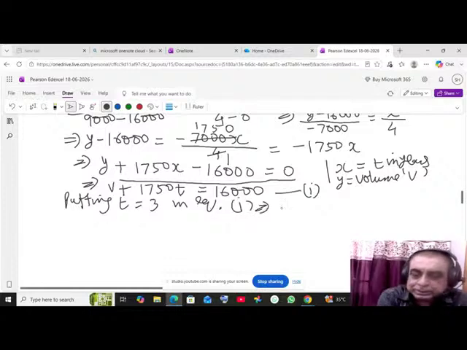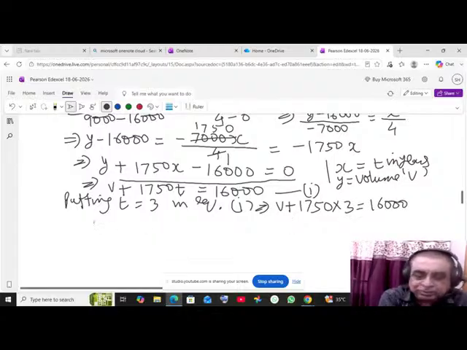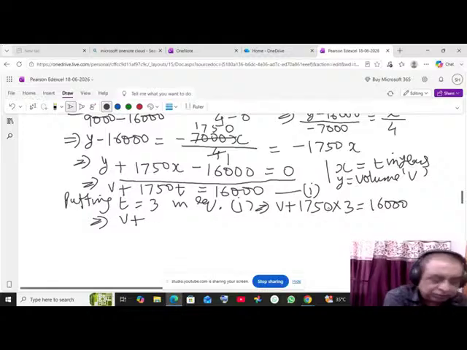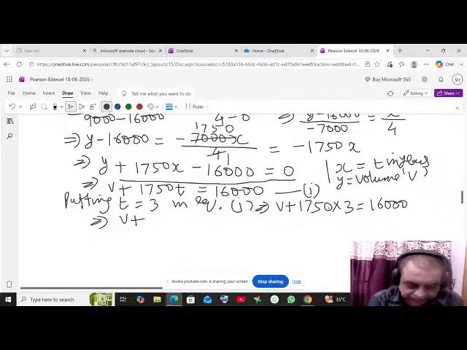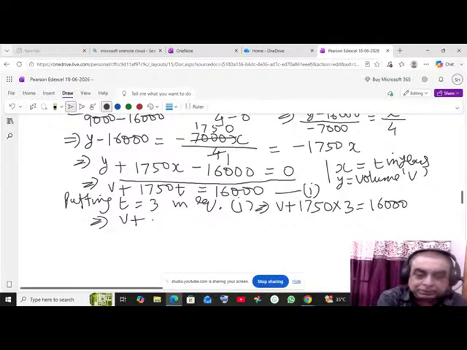Okay, I am putting here V plus, in place of T, we are writing 3. 1,750 times 3. Value is equals to 16,000. Now you solve this equation, you will get the value of V that is asked. So multiply 1,750 with 3. You will get this number, 5,250.